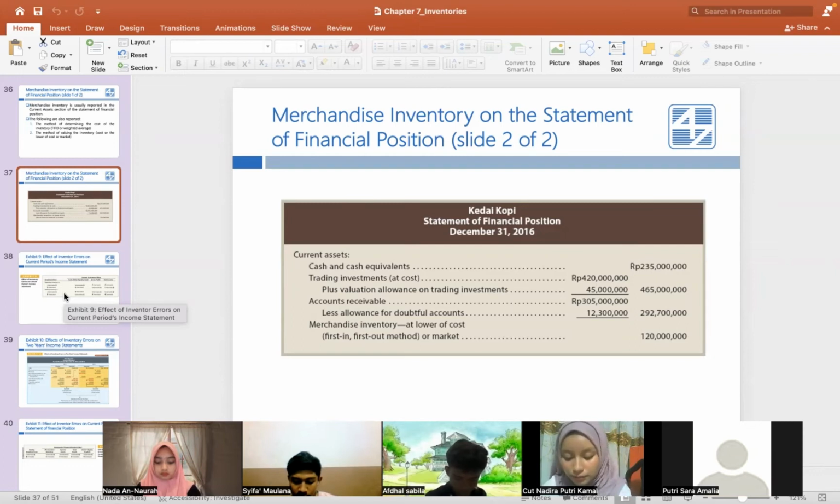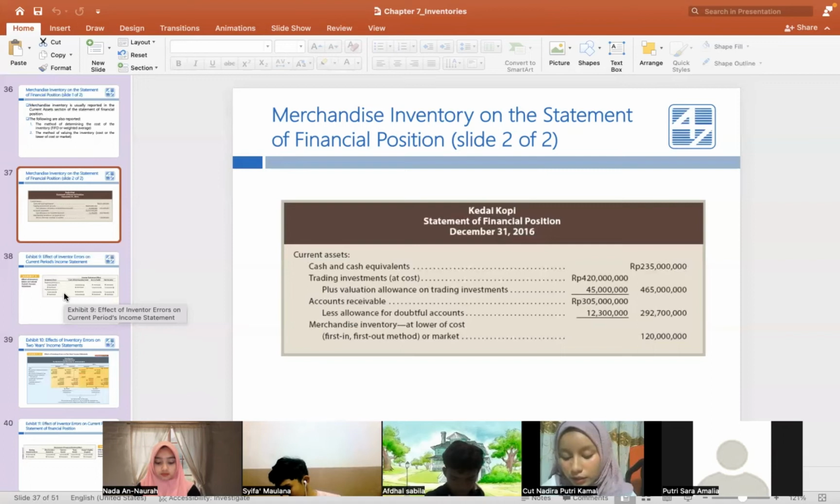465 million. And the next one is accounts receivable. It is reported that it is 305 million rupiah. And the next one is less allowance for doubtful accounts, 12 million 300,000.